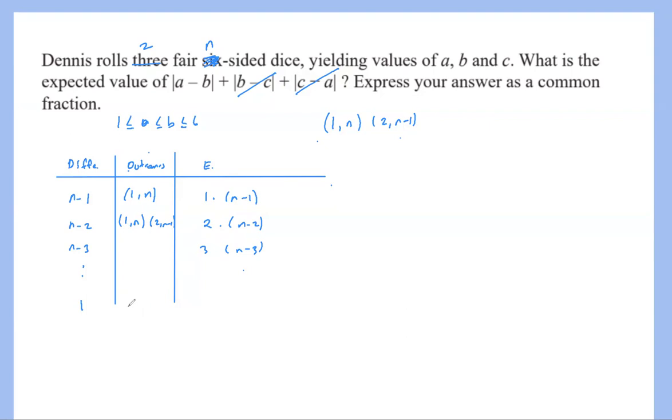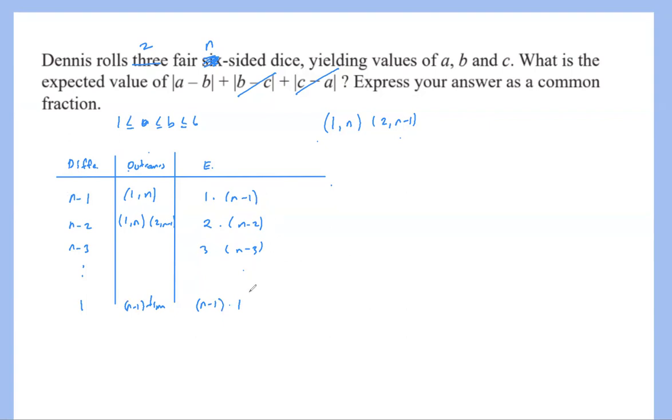I hope that was clear. So the sum will be n minus 1 times 1.